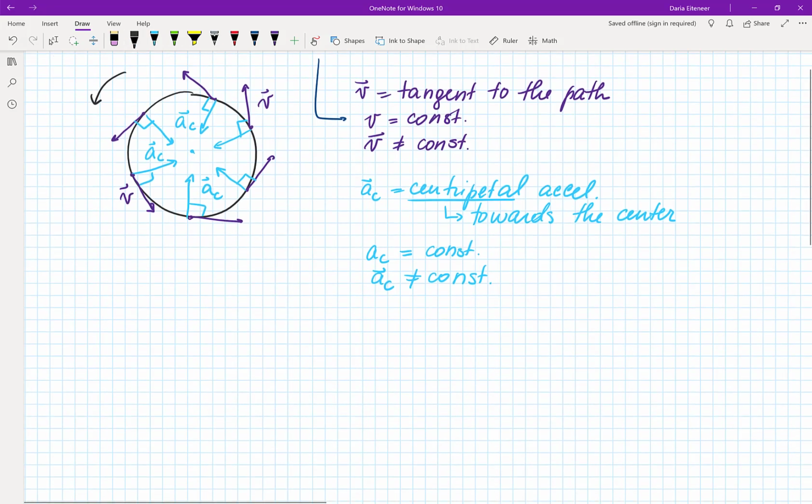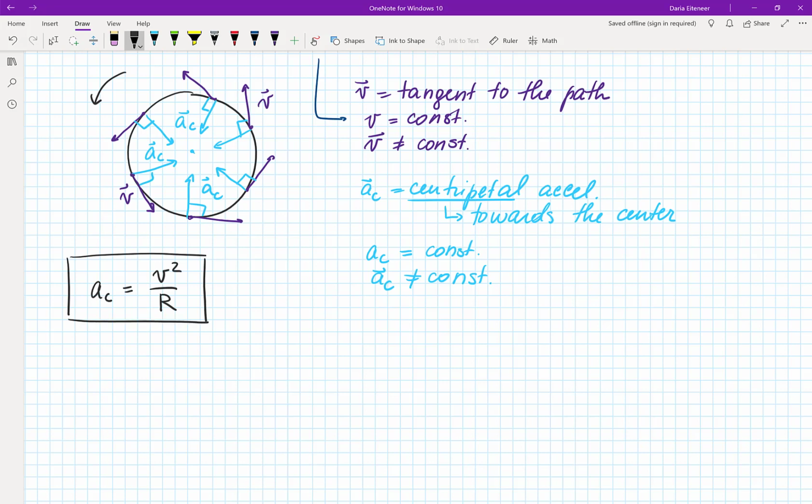So we know the equation AC equals v squared over r. Obviously, r in this case is the radius of the circle, right? Obviously, that's constant as well. And if you're going to be checking units in this equation, units also need to be consistent with all the other quantities. So let's define a few more quantities.